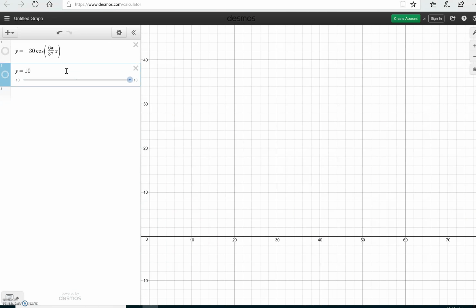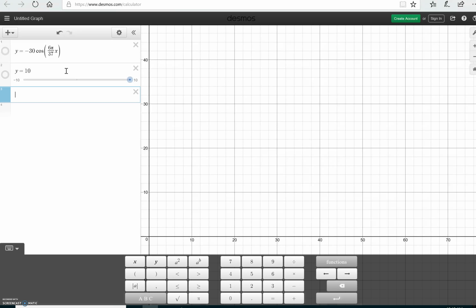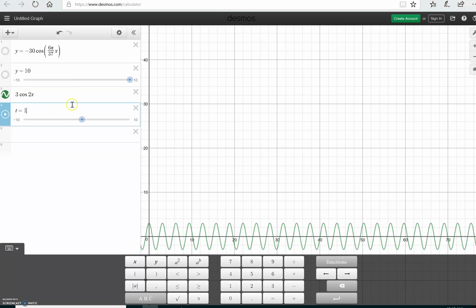I'm just on Desmos here, guys. I could do, for the got it problem, 3 cosine of 2x or t would work. I should use x. It likes it better when we use x and y. Okay, and then I want to know when it's equal to negative 2.